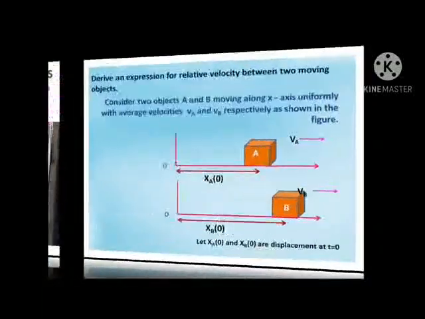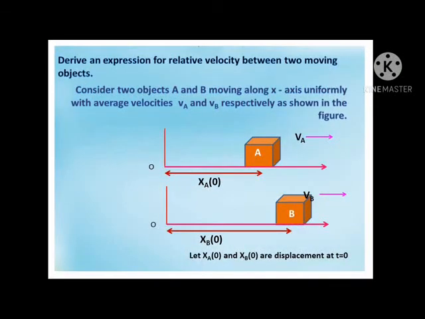Next, we'll derive the expression for relative velocity. Consider two objects A and B, as in the figure, moving along the x-axis with uniform velocities VA and VB respectively.